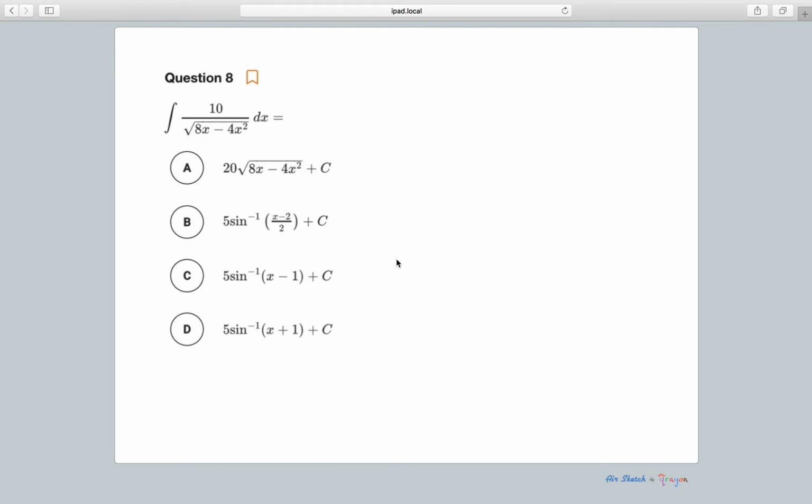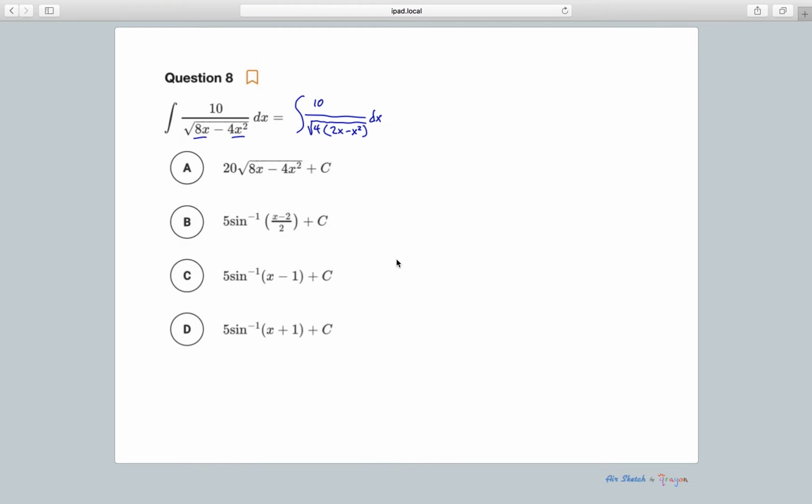So this is not a trivial integral, meaning we don't just know it off the top of our head. We can do a little bit of simplifying. First thing I'm going to do is factor out a 4 in there. So we have the integral of 10 over the square root of, I'm going to factor that 4 out, and I'll be left with 2x minus x squared, and then dx.